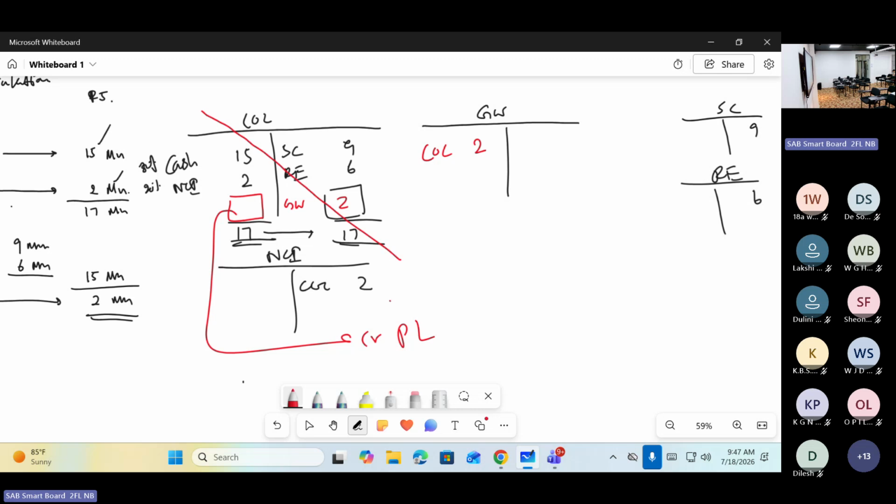And then second one, transferring a land or another asset. Third, issuing own shares. Fourth, contingent consideration.